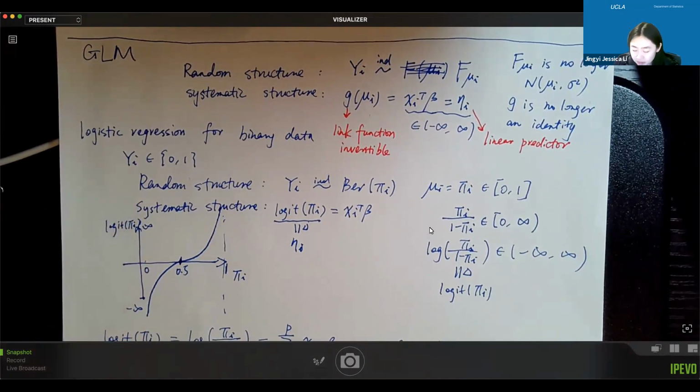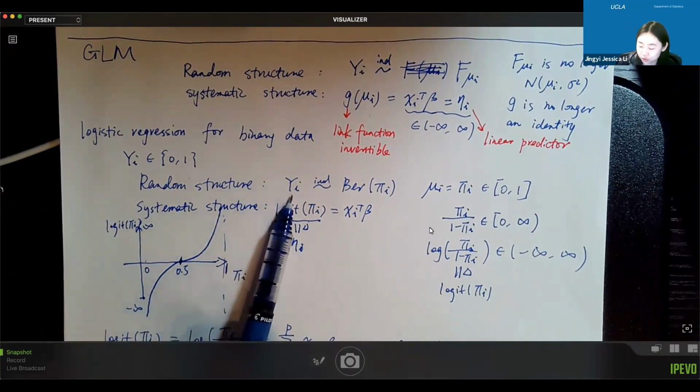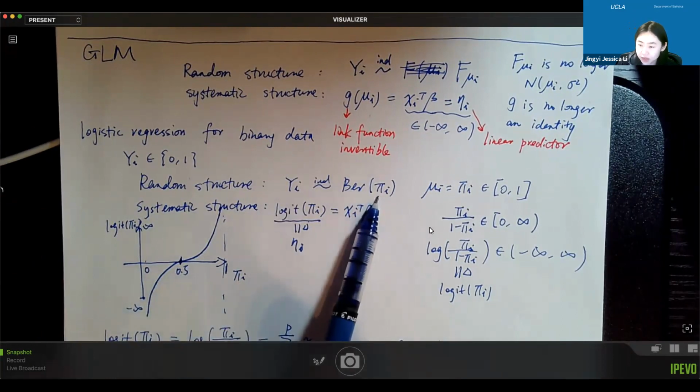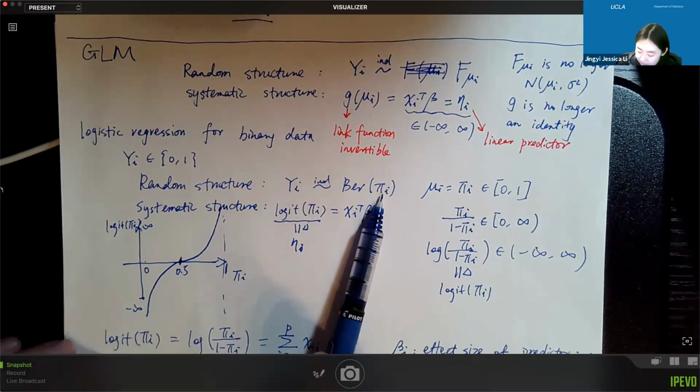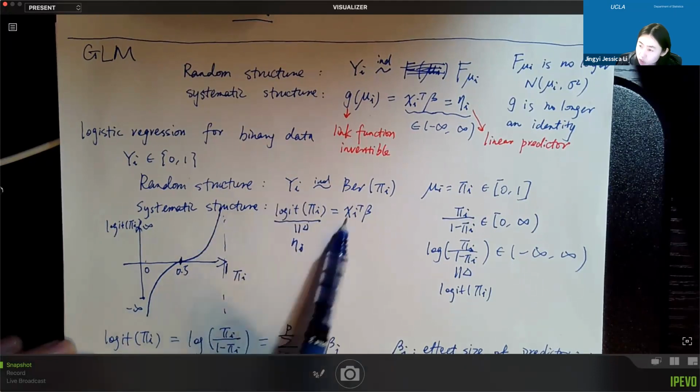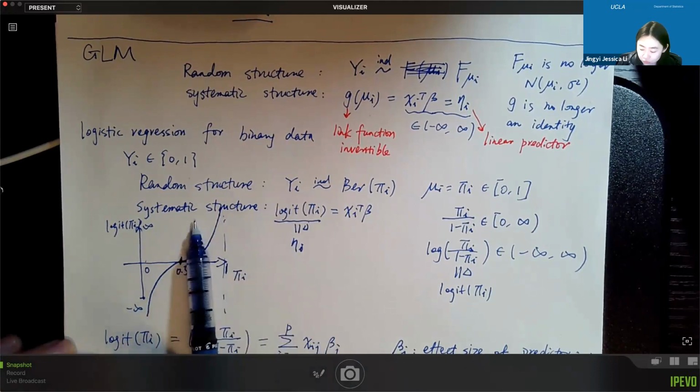And again, we consider two layers in our structure. One is the random structure, that is, how is the random variable yi distributed around its mean? Here we use pi i to denote the mean. And then, for the mean, we need to assume a systematic structure.